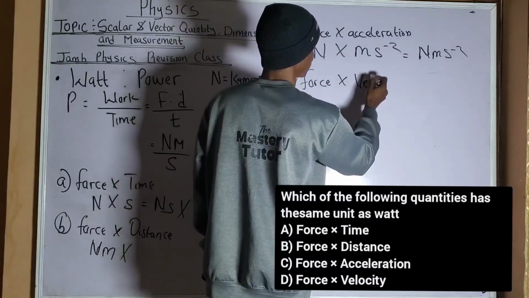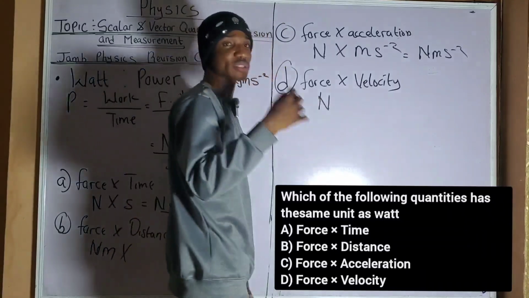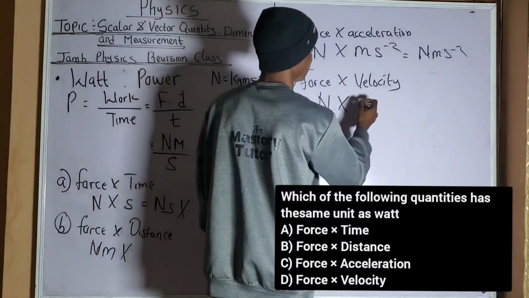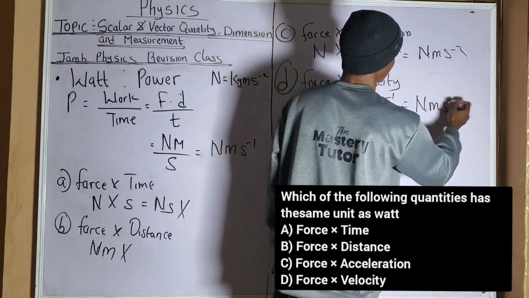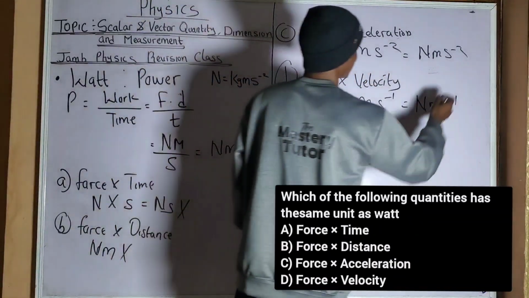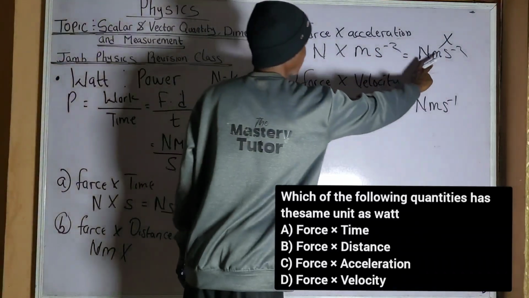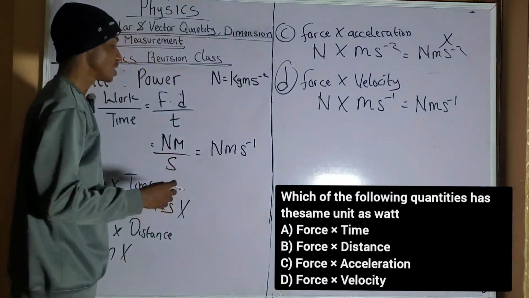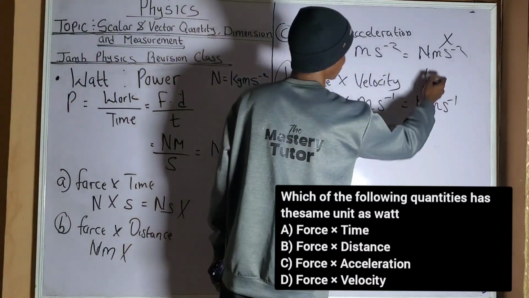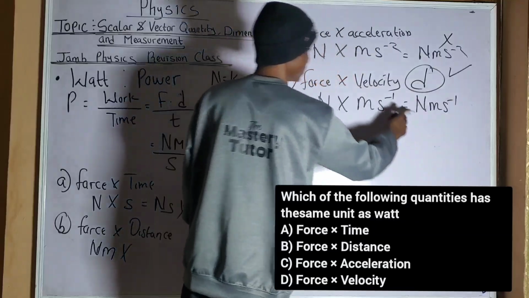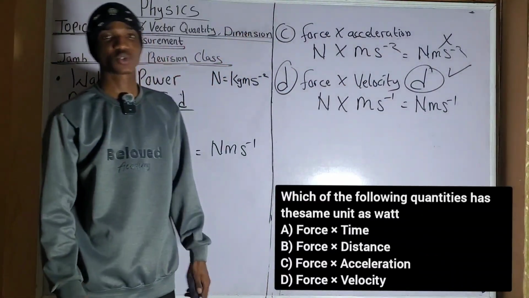Here, force is in Newton. Velocity is meter per second, so I'm going to have Newton multiplied by meter per second. So this is Newton meter per second. You can see that option C is disqualified. Do you know why? This is Newton meter per second squared, and we are looking for the option that corresponds to Newton meter per second. So the correct option is option D, which is Newton meter per second. That means that force times velocity is the right option to the question.